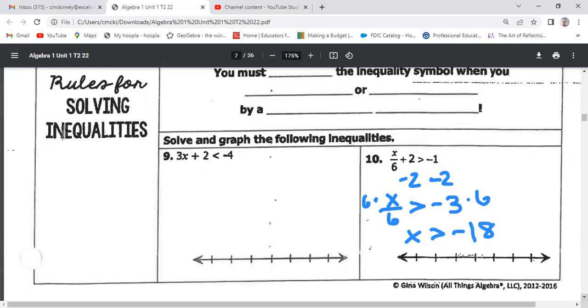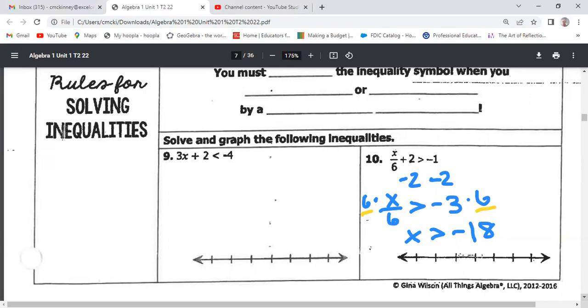I did not need to flip the sign. It stays the same direction because what I multiplied both sides by was the +6. The -3 was just already over there. That was nothing that I did to the equation. So don't get too flippin' happy and think that, oh, a negative sign, I have to flip it.